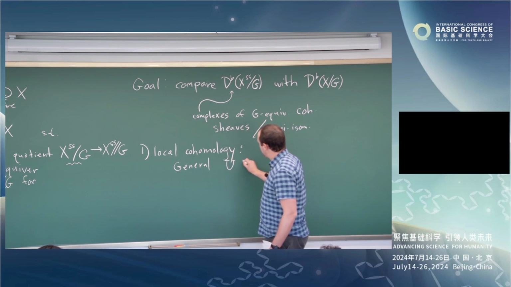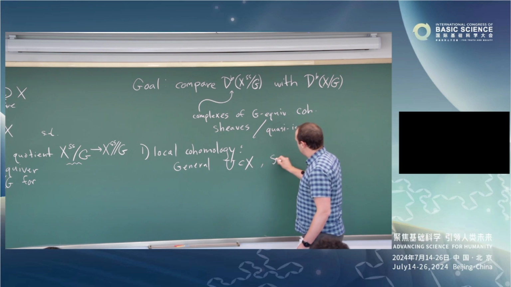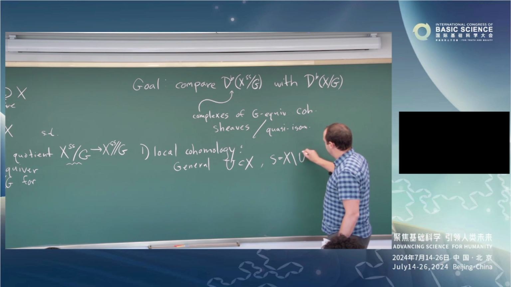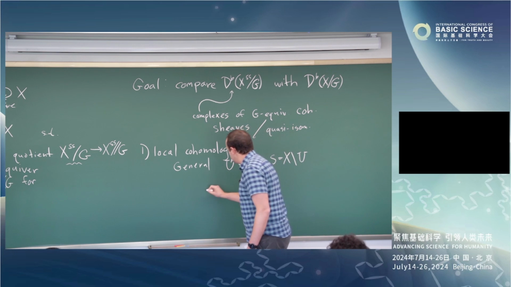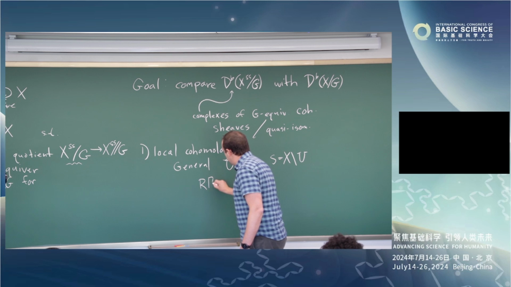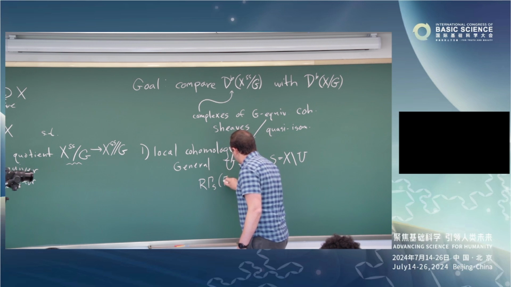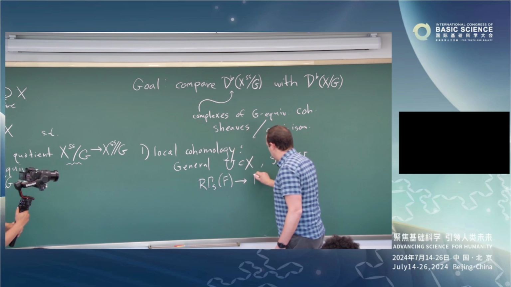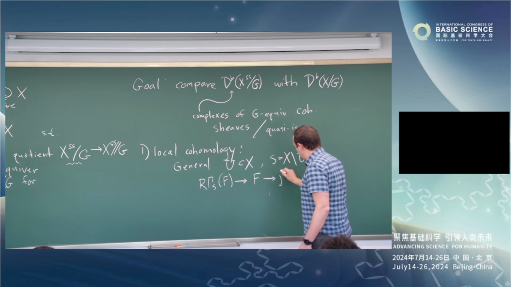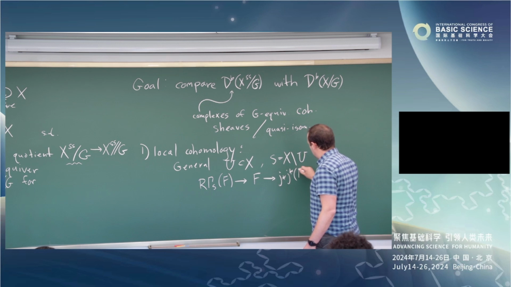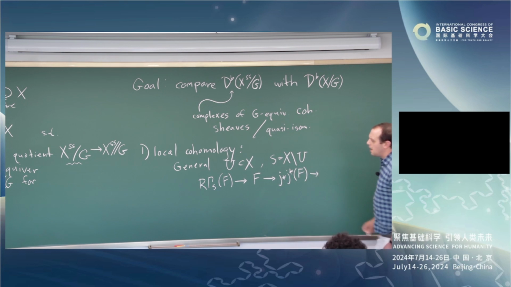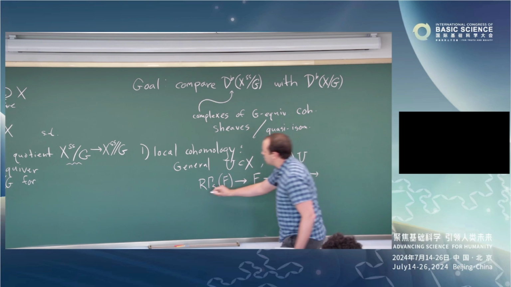So, sort of in general, if you have an open subset U, and if you call S the complement, then you have local cohomology, which is defined by an exact triangle. So this is the local cohomology complex.